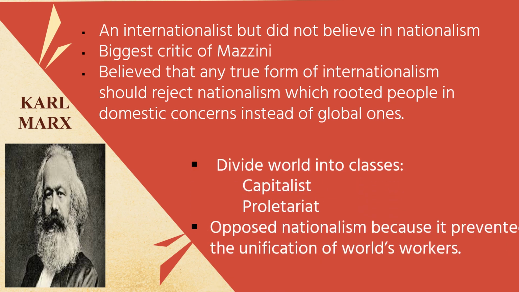international system. And then for Marx, he placed a premium on economic equality. And he did not divide the world into countries, but into classes. So instead, iyahang gi-divide ang world into two classes, the capitalist and proletariat.